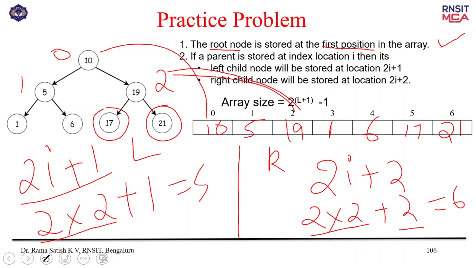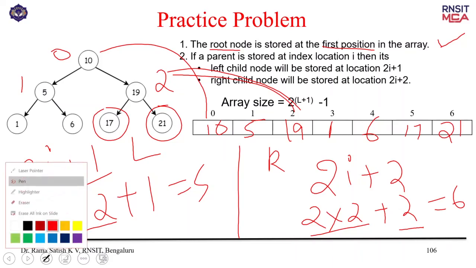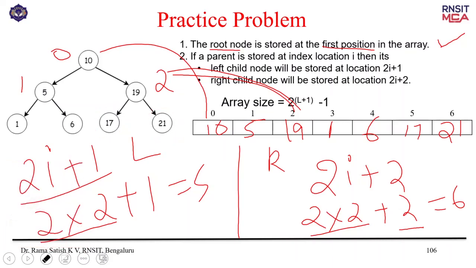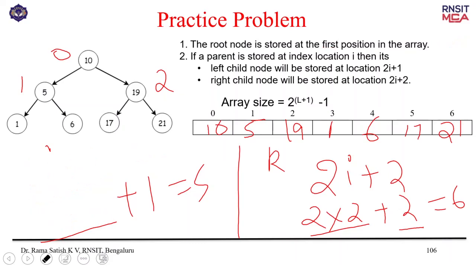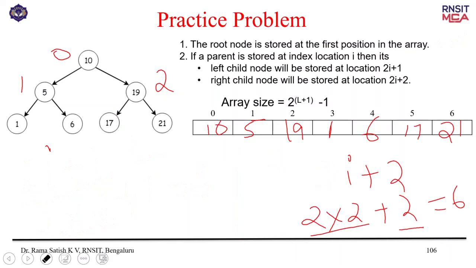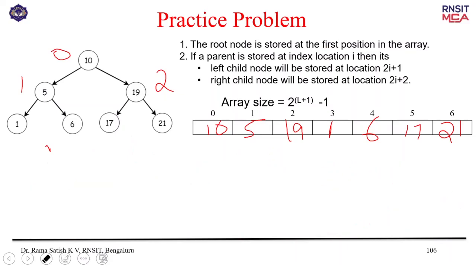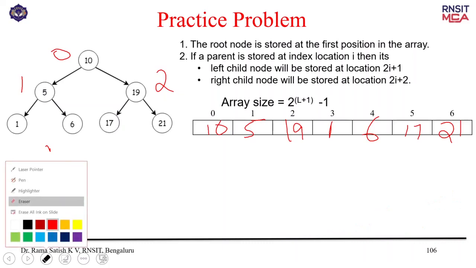So in the examination, they'll ask like this. They'll give you a tree, and you have to find the array, how it is stored. So you should make use of 3 formulas. The first formula is the leftmost element formula.